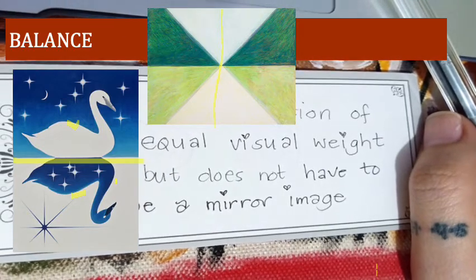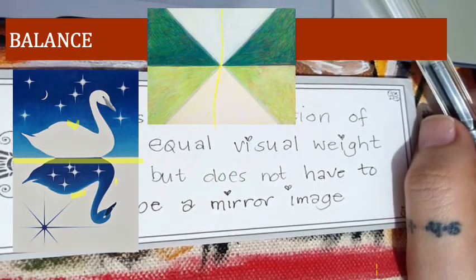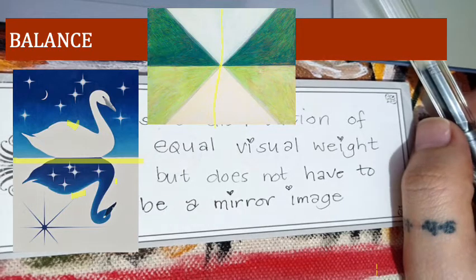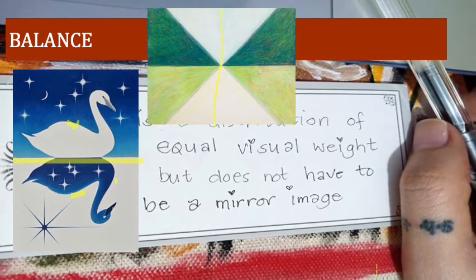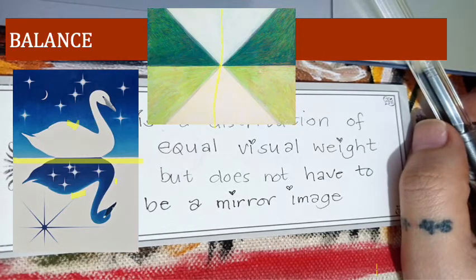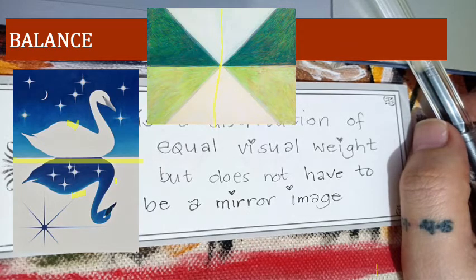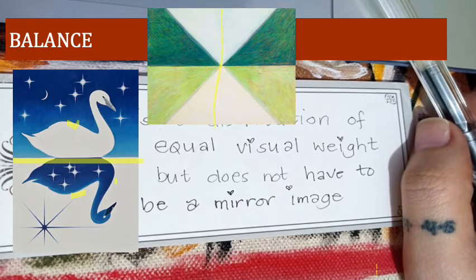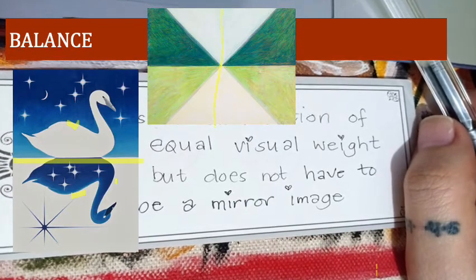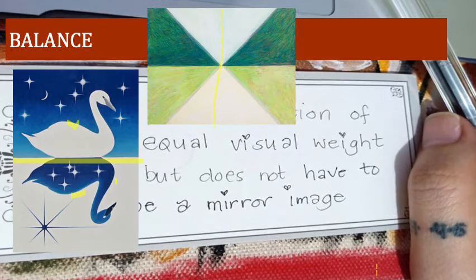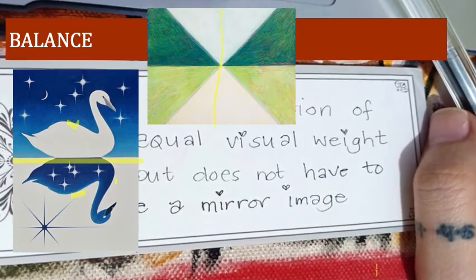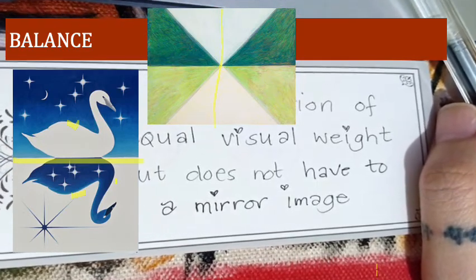Now, this type of balance in which the two sides of the artwork are different, but still achieve the feel of stability and balance. Meaning to say, in these artworks, the objects are weighted evenly in different ways, like quantity and size, against each other.